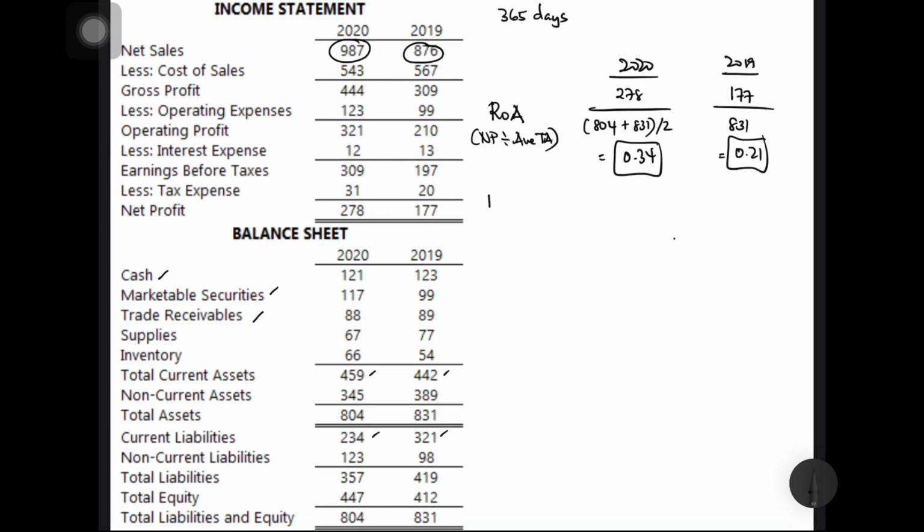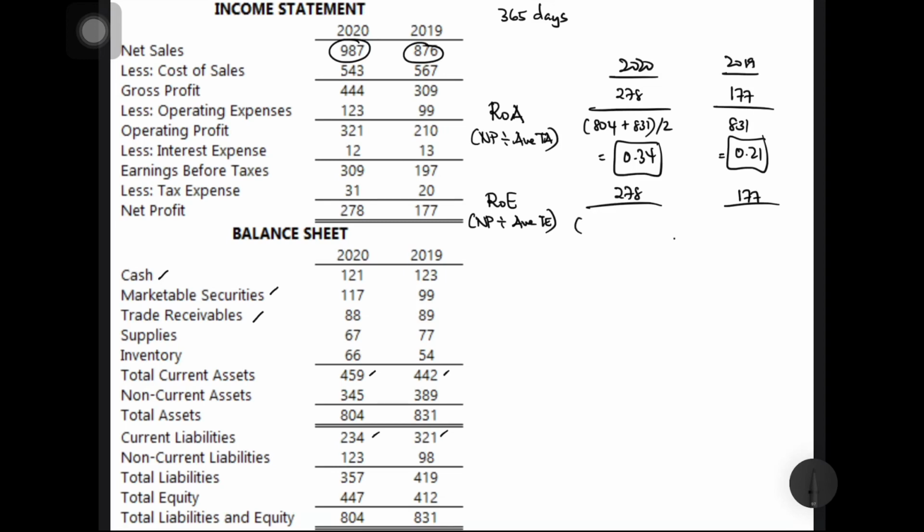How about return on equity? This is also net profit, but you divide by your average, again average because you have one income statement and one balance sheet. Average total equity. For the numerator, it's the same, 278 and 177.